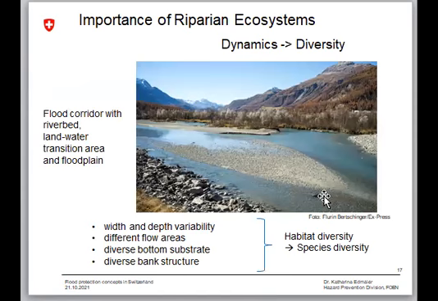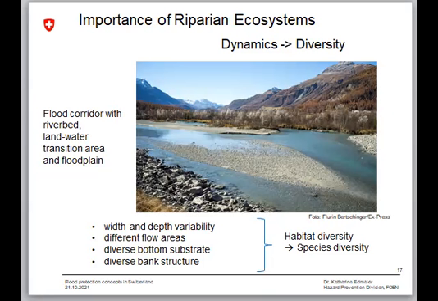So I show you here a picture of a Swiss river. And natural riparian ecosystems are characterized by a flat corridor with a riverbed, a land-water transition area, and a floodplain, which you see here in the back. The diversity in natural riparian ecosystems is huge.